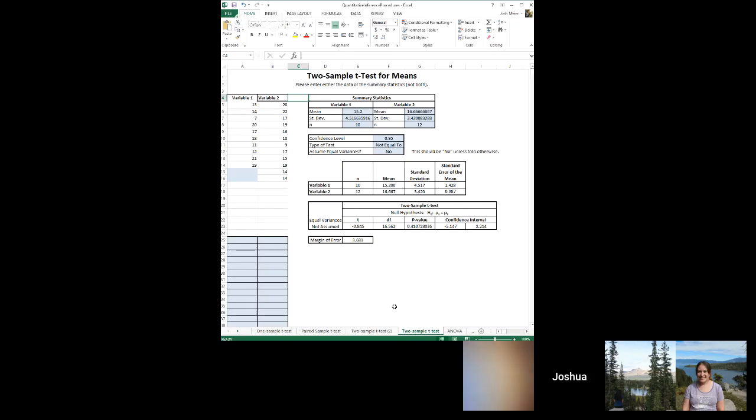Mean. Do you have a mean for variable 1? Yeah, 15.2. And for variable 2? 16.667. And then what's your standard deviation? 4.517 and 3.420.